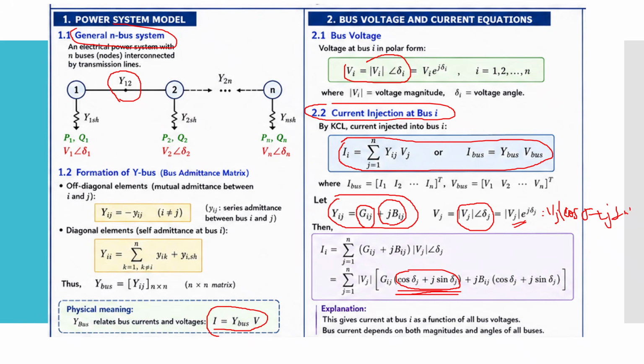The easiest way to find the current at each bus is by using a simple equation, where I is obtained as conductance plus susceptance, the imaginary part. We can express this voltage also as a complex number, so that the complex number notation can be used to find the current at each bus.